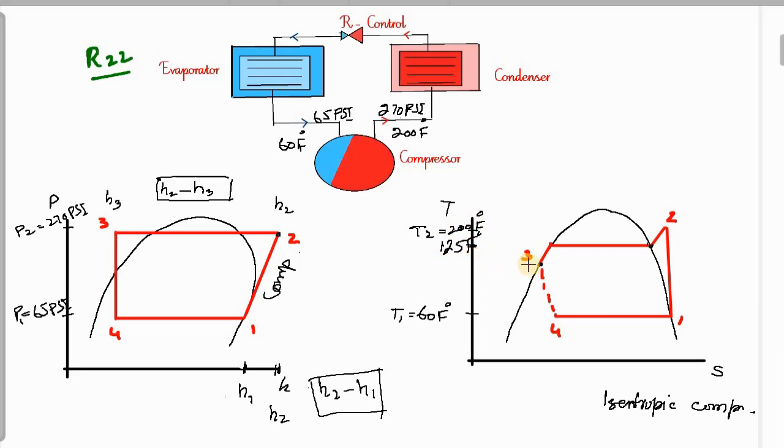After the subcooling of the refrigerant, the new temperature will be 105 degrees Fahrenheit.